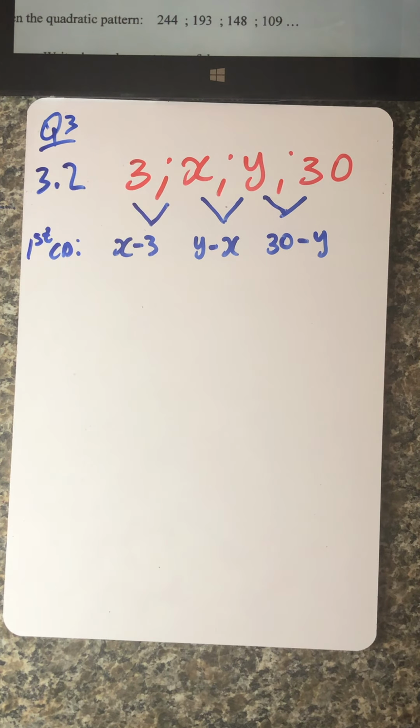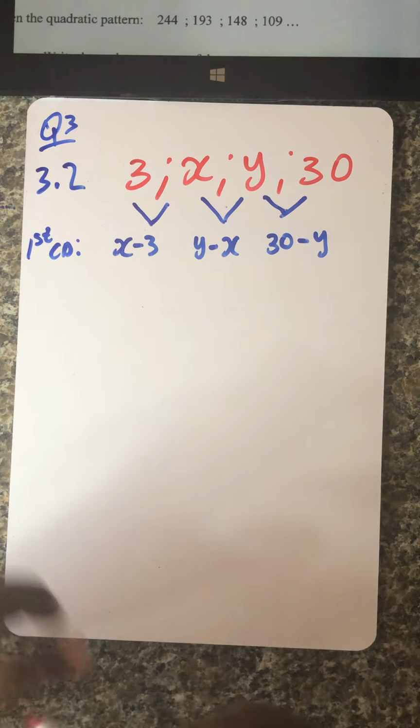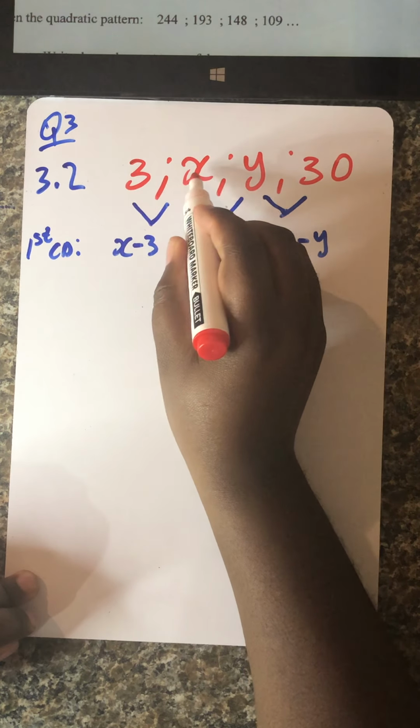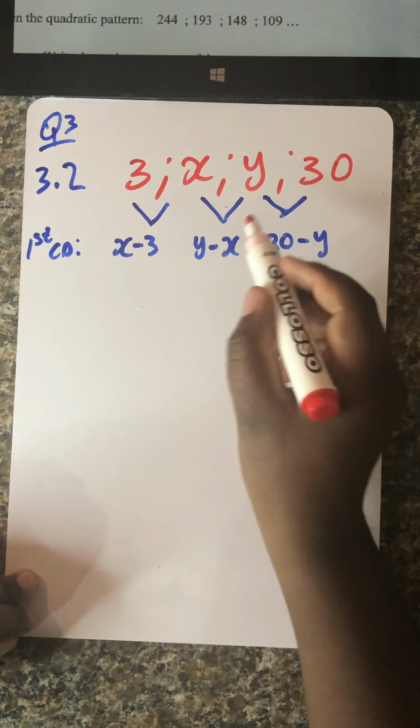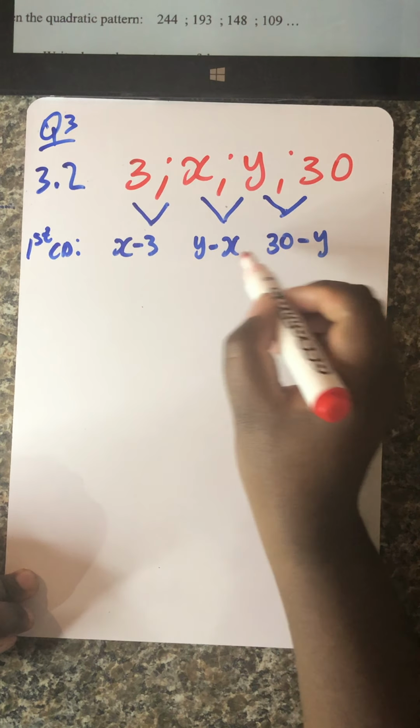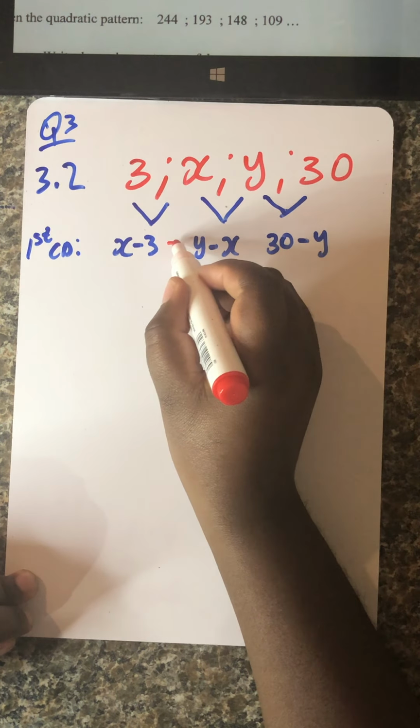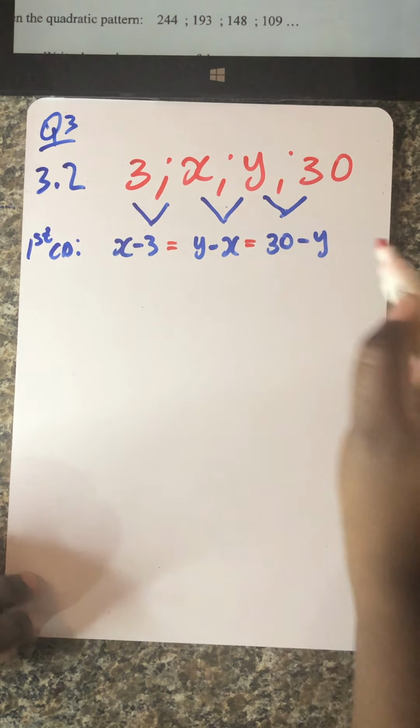Very, very much important, guys. If you remember from the previous questions, we noticed that the first 2 terms give me a difference which would be the same as the difference of these terms. So that means these are equal, guys.